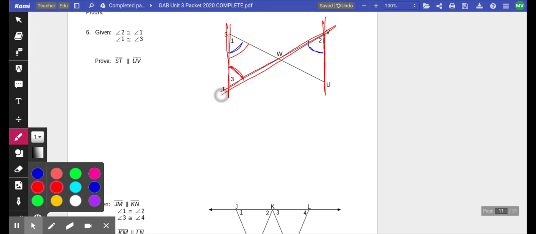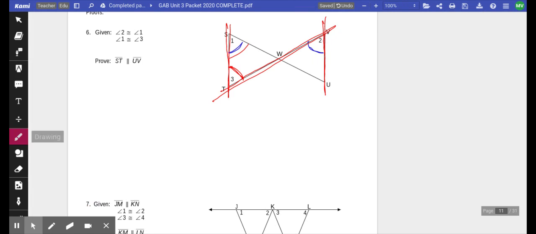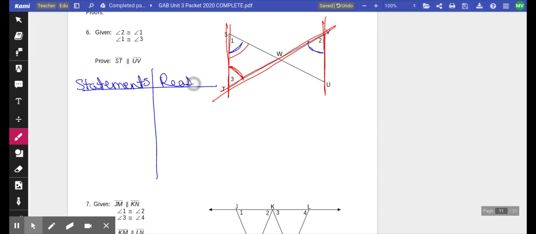So if TV is my transversal, in order to get those lines parallel, I want to get that 3 is congruent to 2. Well, let's see what we can do. So I'm going to start off with my statements and my reasons. Right away, when I look at what I'm given, which is 2 is congruent to 1, and 1 is congruent to 3, I know that I can say 2 is congruent to 3 because of transitive, or you could call it substitution.